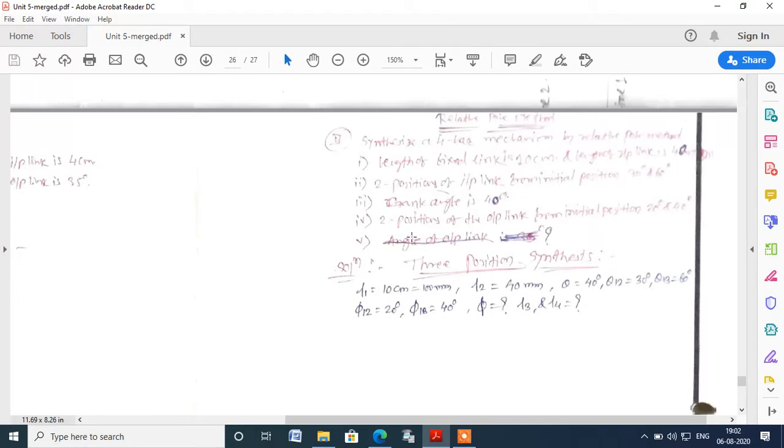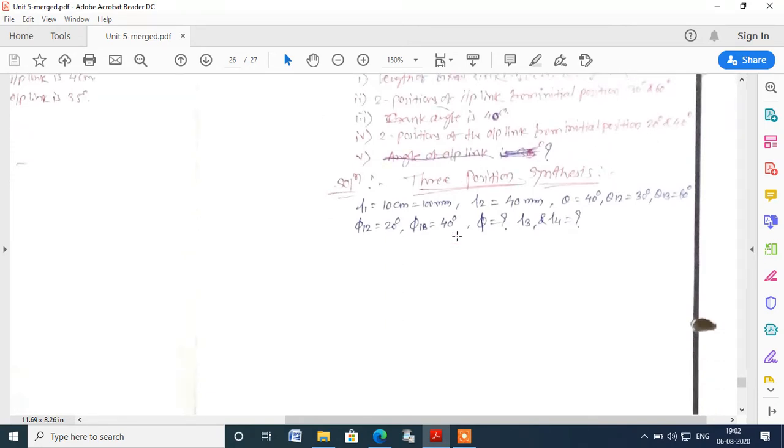Then crank angle is 40 degree. Next data, two positions of the output link from the initial position are 20 degree and 40 degree. So these are the given data and we have to synthesize this 4-bar mechanism using relative pole method.